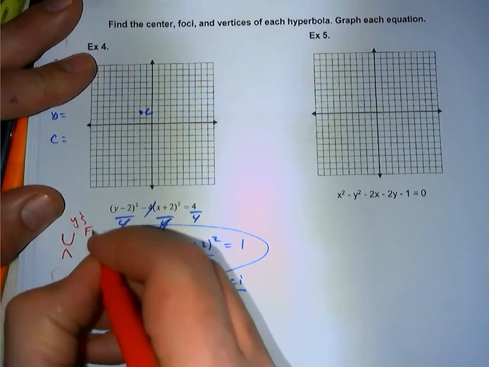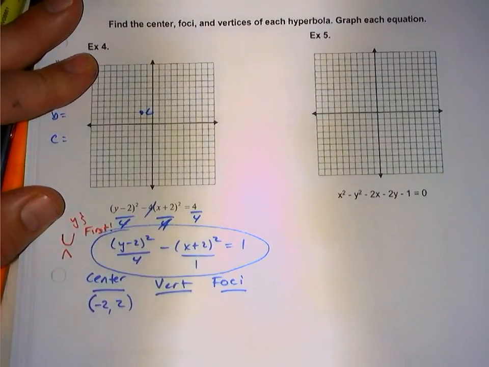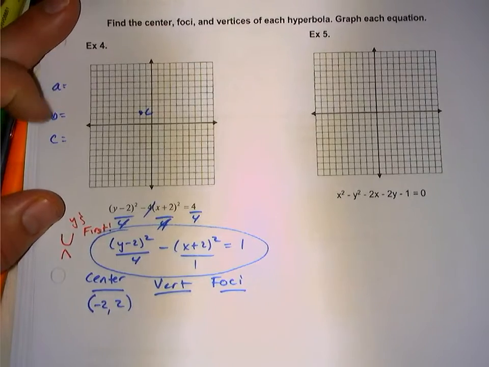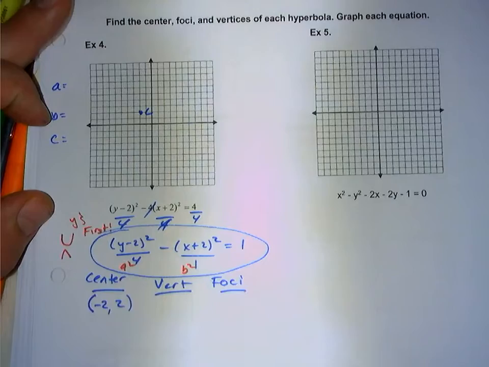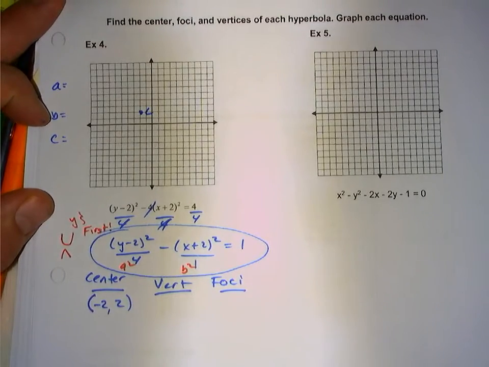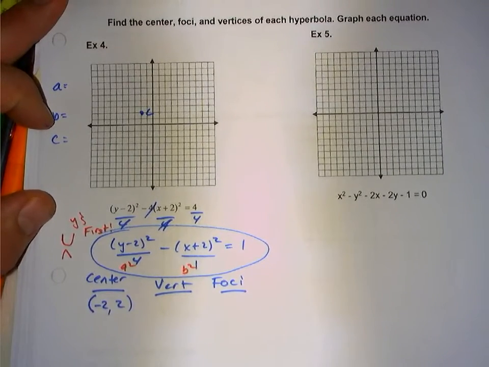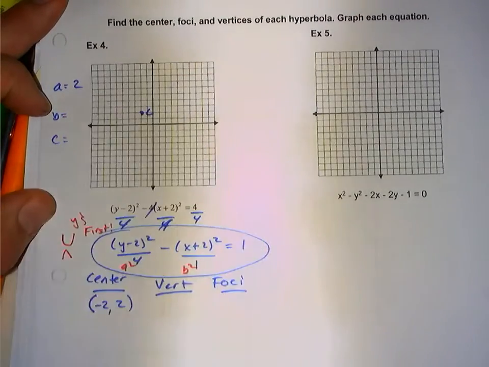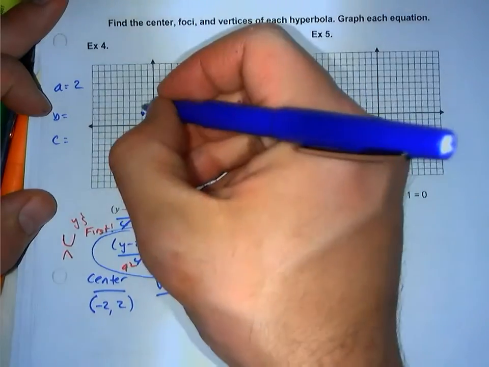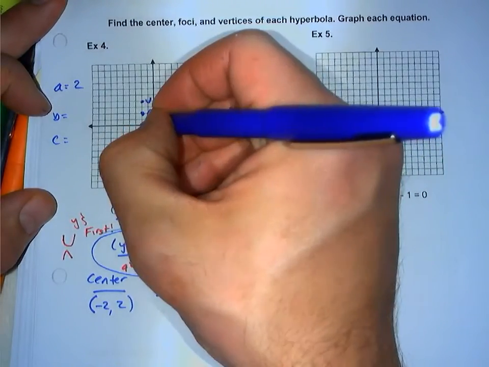If the y's are first, then I got this thing going up and down. That allows me to find the a value. a is always the first guy, b is always the second. Okay? a is not always the biggest, it just happens to be the biggest on this one. So a squared is 4, so that means a is what? 2? Square root it. So because the y's are first, I'm going to go up and down 2. 1, 2, 1, 2.